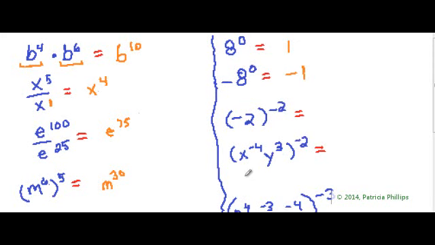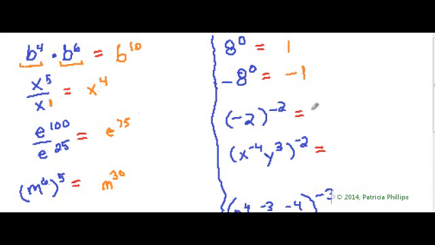And the next one we're looking at is negative 2 raised to the power of a negative 2. So whenever you have a negative exponent, you know that you can't leave it that way. So we need to take it and put it in the denominator.